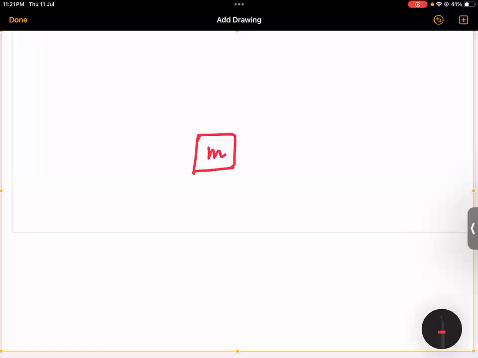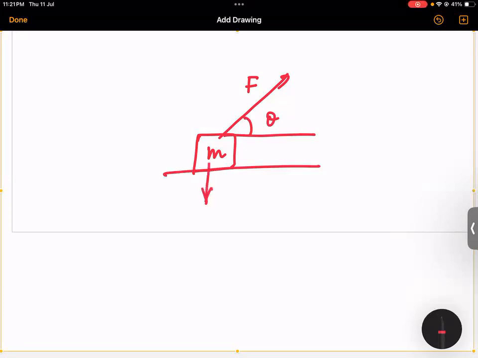Now over here, suppose this type of problem is given to you, like one body is applied a force at an angle theta, find the horizontal acceleration, suppose they have asked. So one thing you can see, mg is equal to F sin theta, and suppose the acceleration is in this direction, and this will be your F cos theta.